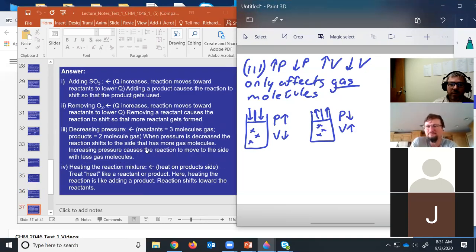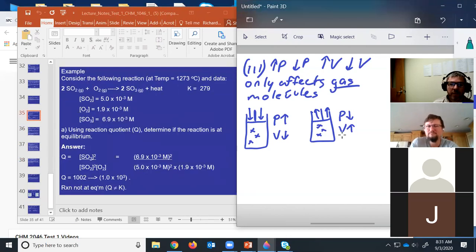So what's going to happen to a reaction if we decrease the pressure? On the reactant side, we have 3 molecules of gas, and on the product side, we have 2 molecules of gas. So when the pressure is decreased, that means the volume's going up. And we're creating more room in here.